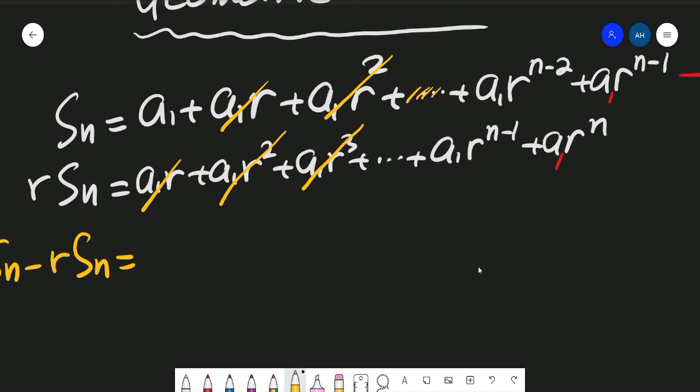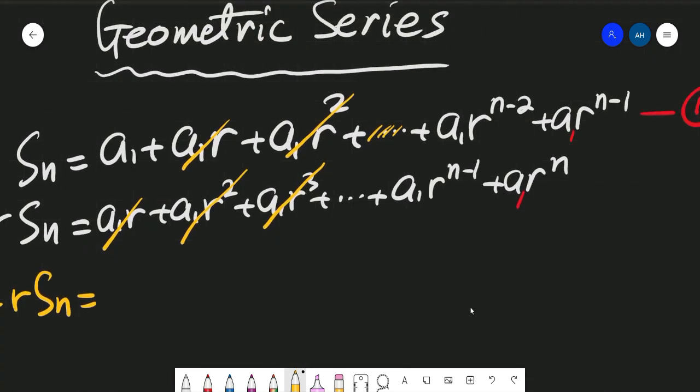Now we come to the term a1 r to the power n minus 1, which is also in both equations, so we can cancel this term. So what's left is a1 r to the power n.